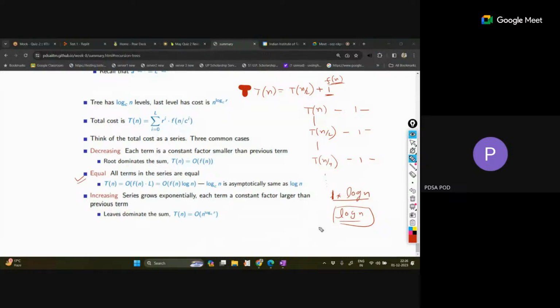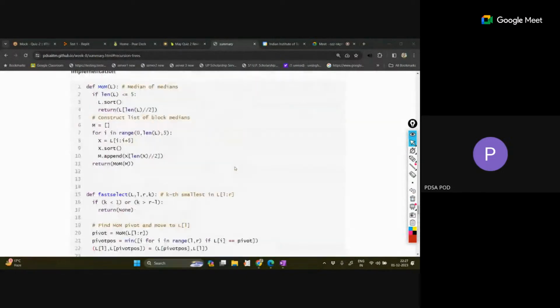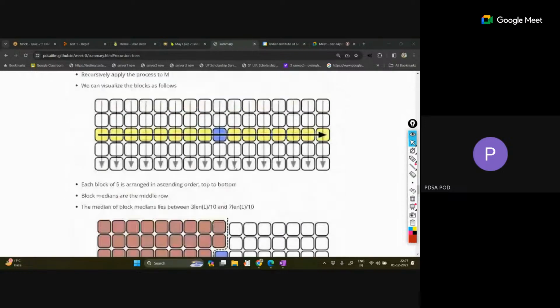Now similarly we can check this relation to see whether it is increasing or decreasing. Based on that, if you remember the fast select or quick select which was discussed in week 8, the complexity is also given there.